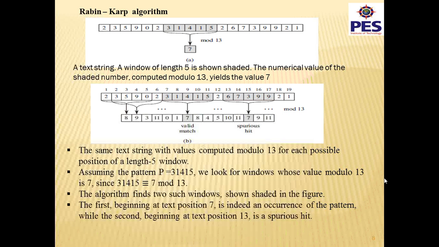We follow the same process onward. When we find 31415, which is exactly the same as our chosen pattern string, the remainder is 7, so this is a valid match. A spurious hit is when the text string and the pattern string are not equal, but the remainder is also 7.